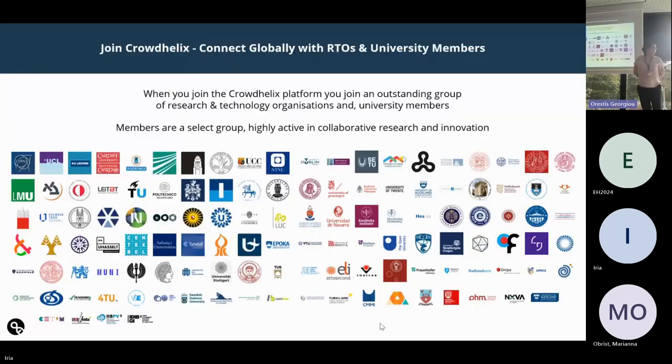Here you can see some of the university members of the platform: CERN, UCL, KU Leuven, Cardiff, Bristol University, University of Cyprus, Aristotle University of Greece, Technical University of Denmark, Technical University of Munich, Utrecht University. So these are some examples of the members that we're talking about.